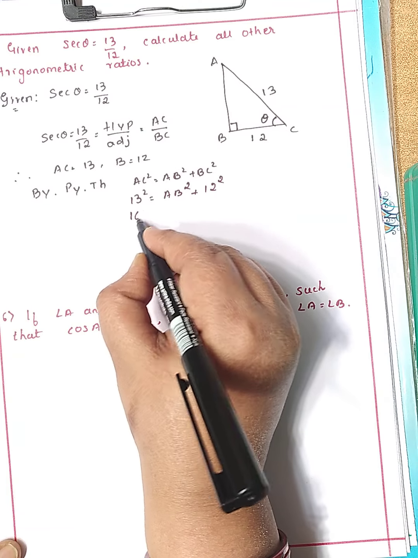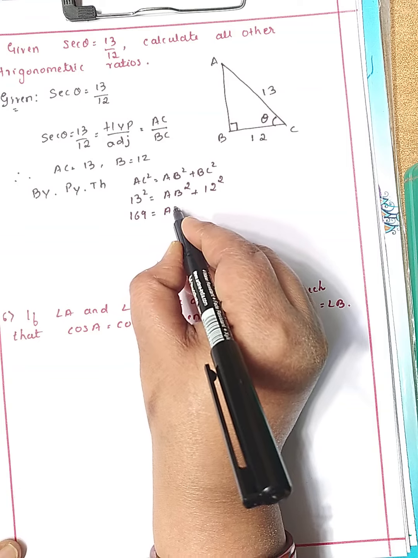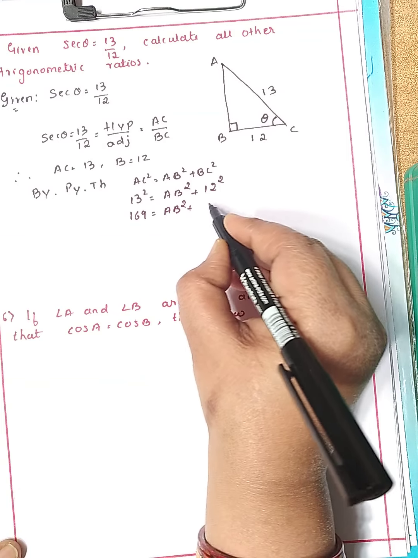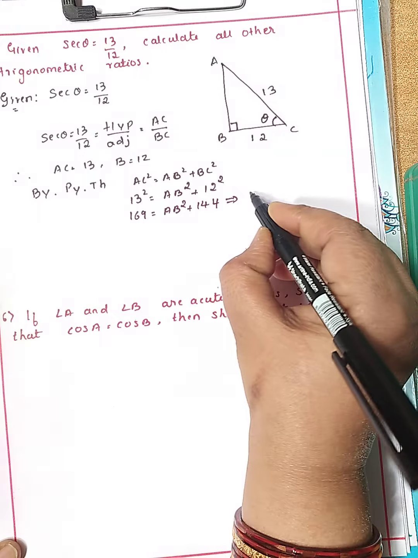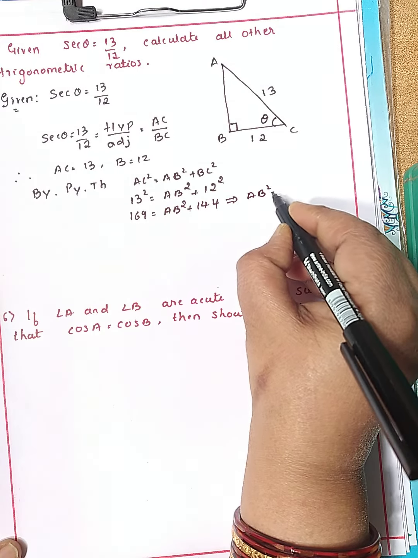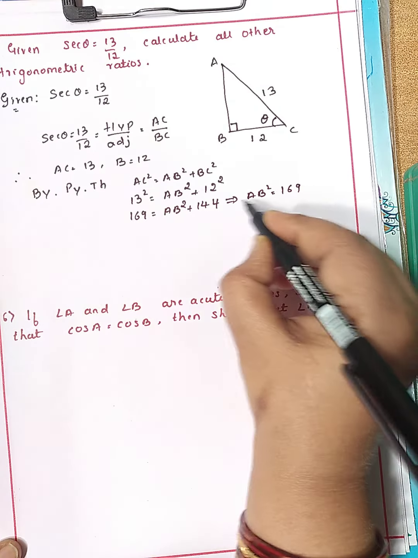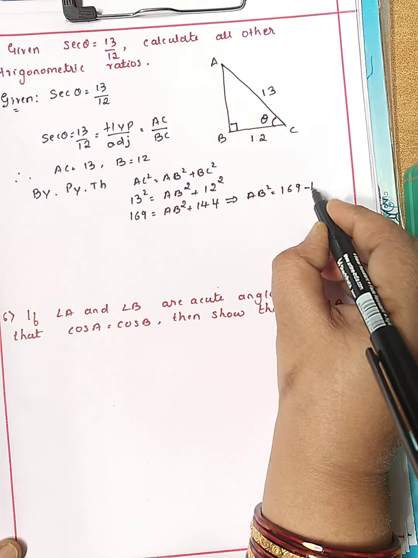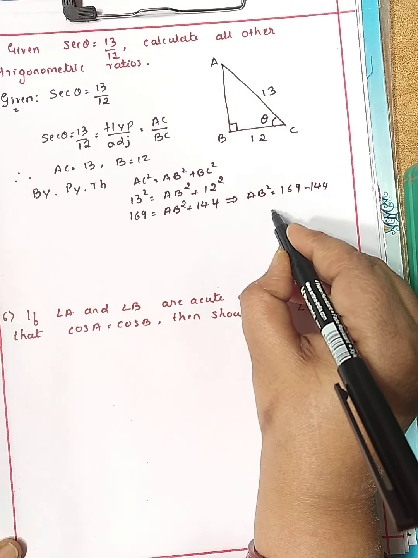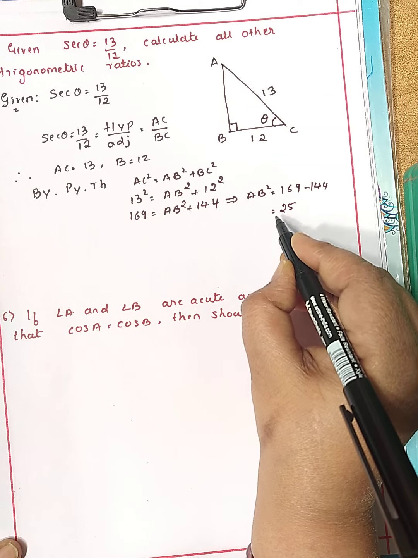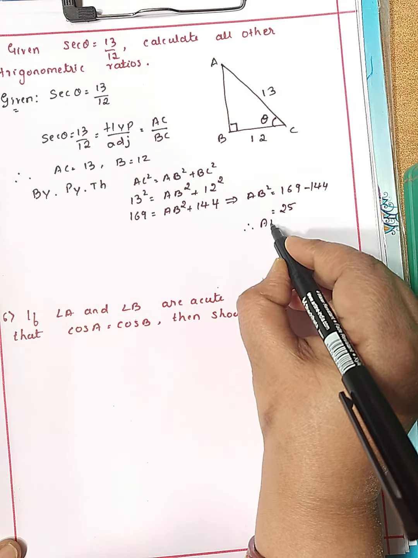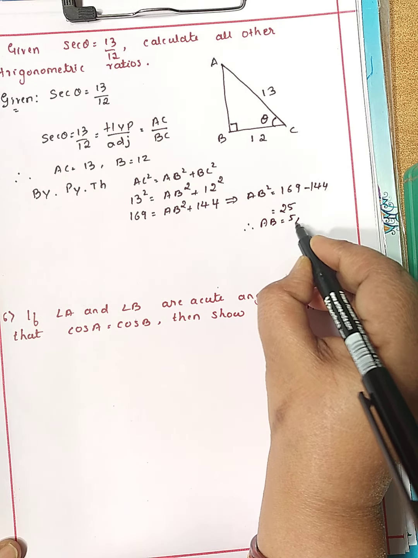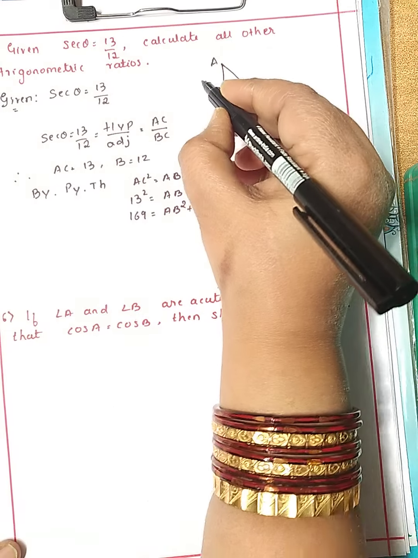Square of 13 is 169 equals AB square plus square of 12 which is 144. So AB square equals 169, transfer this 144 here, it becomes 25. Therefore, AB equals 5.